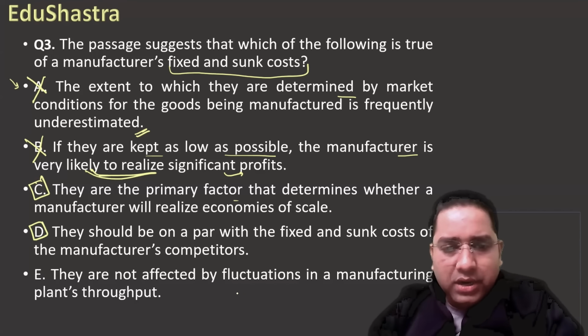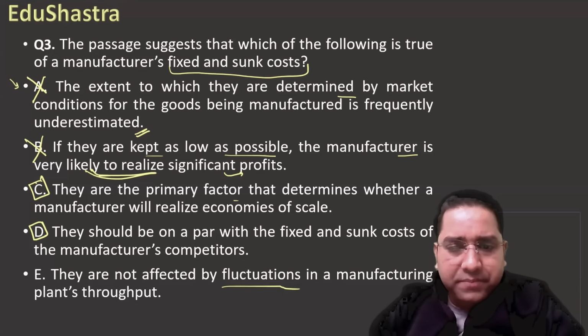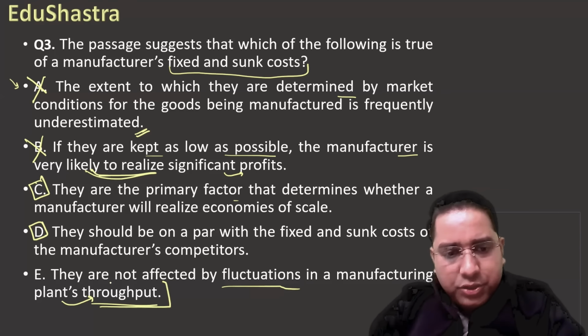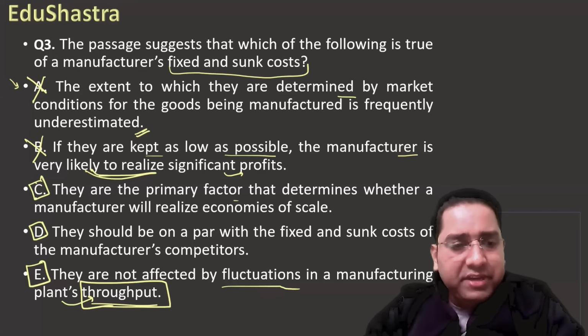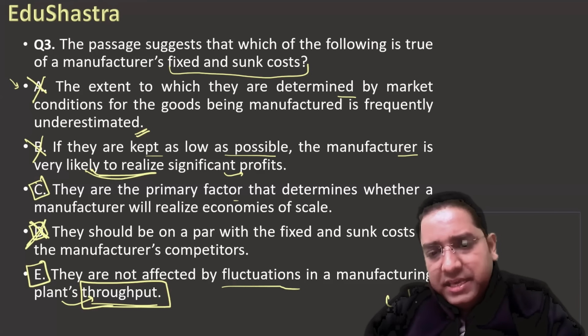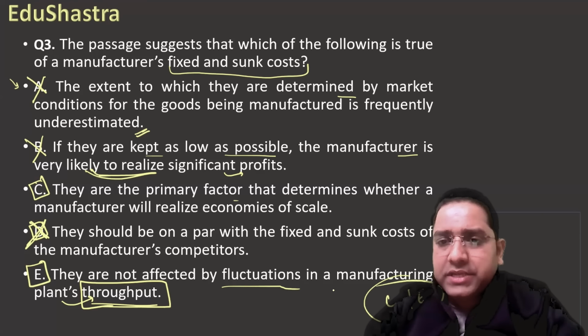And E, they are not affected by fluctuations in a manufacturing plant's throughput. So it is a very good choice that we are considering here. E is a very good choice. And if we consider the three options, I find the fourth option can be ruled out. So out of C and E, what is the best choice that you can make here?